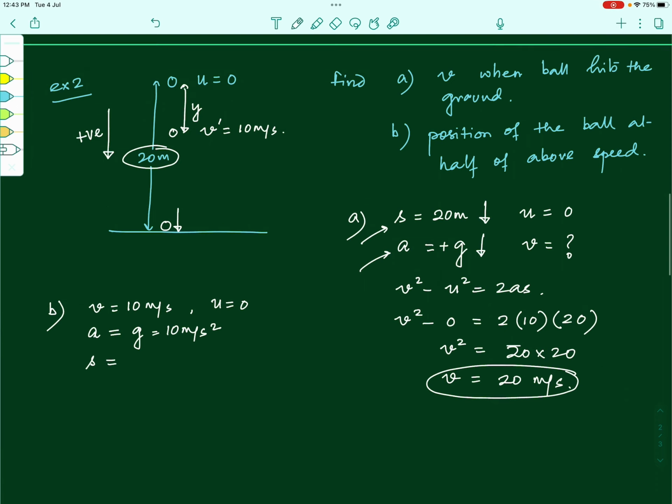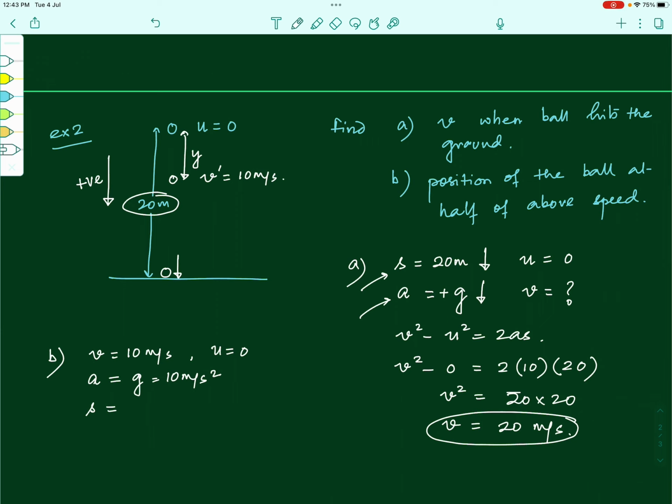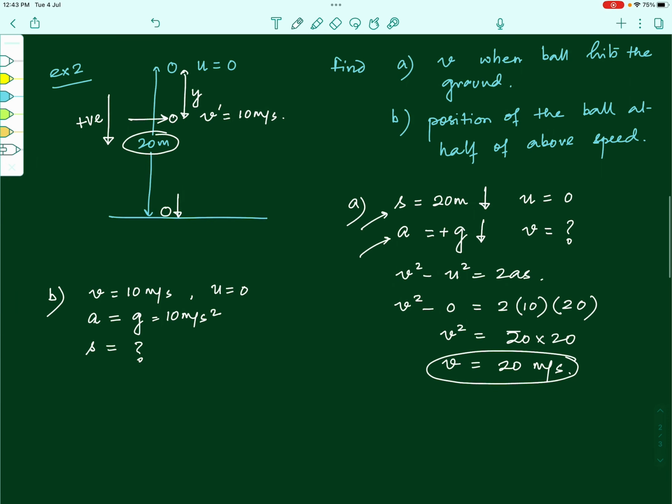That means, if we can just find out the displacement of the ball from the topmost point to reach this particular position that we are looking for, s is what we are looking for, isn't it? So, we can once again use the third equation of motion, v squared minus u squared is equal to 2as. This time it will give us 10 squared minus 0 is equal to 2 into 10, which is the value of a, into s, the displacement.